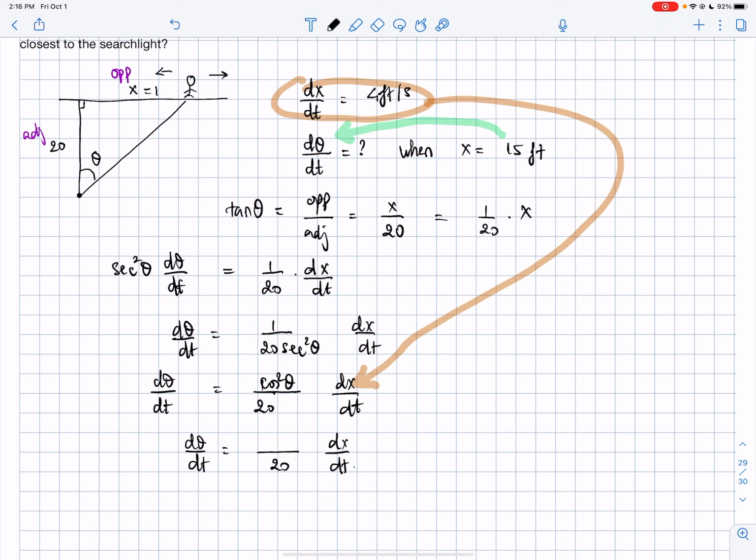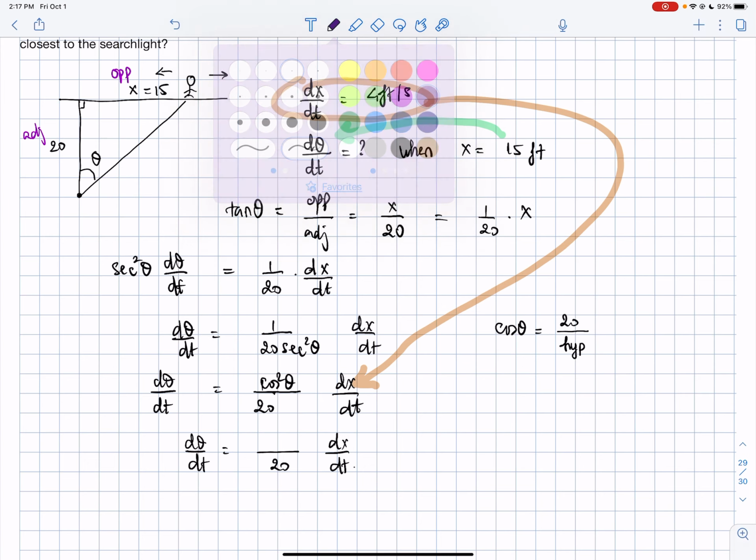So x is 15, and the cosine of angle theta, the formula is adjacent, which is 20, over the hypotenuse. So we use the Pythagorean theorem to find the hypotenuse.